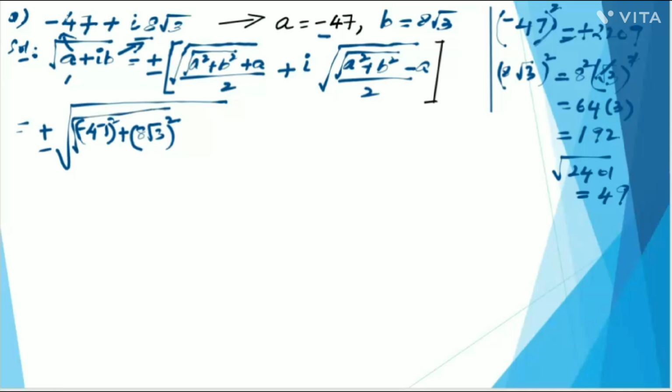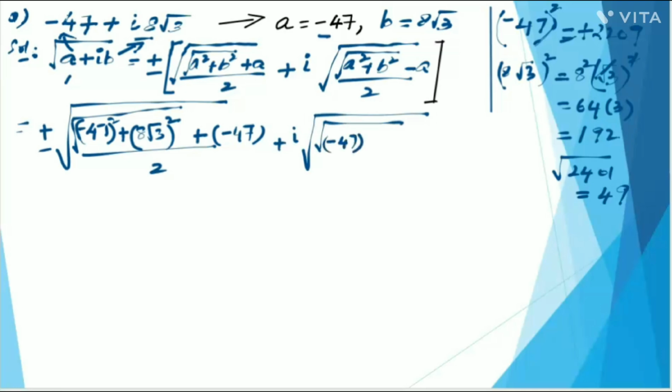This is again under root plus a is minus 47 that we have to write in bracket divided by 2 plus i square root again a square root minus 47 a is minus 47 whole square plus 8 root 3 whole square minus of minus 47 divided by 2.